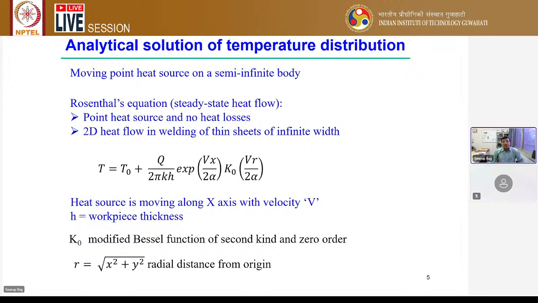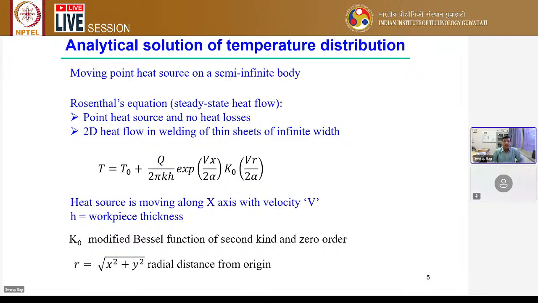So you see that if you look into a more realistic situation, the solution becomes more complicated. Here the Bessel functions come into the picture to get the solution of the heat conduction equation in the steady state situation. Now we are talking about the semi-infinite body, which means one dimension is finite. In this case, the thickness direction is finite, and h is the workpiece thickness. The other two dimensions are infinitely long, but the thickness direction is a finite distance.